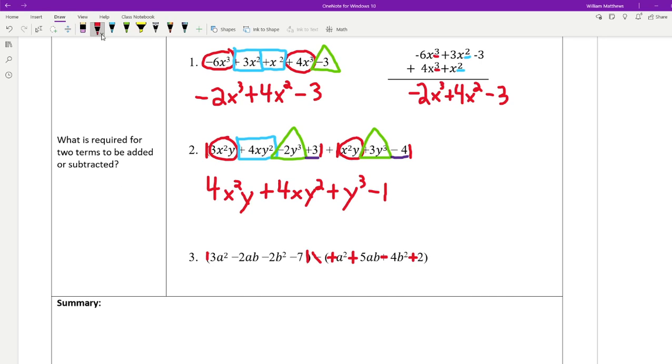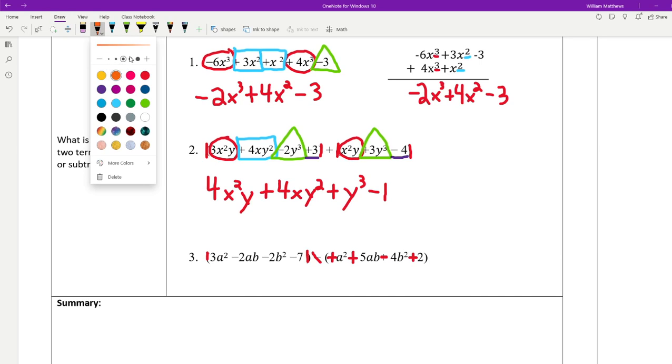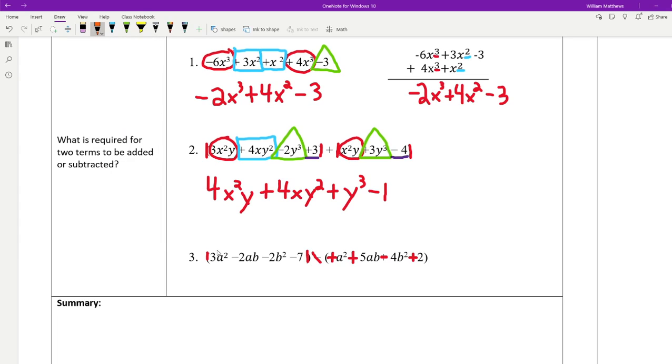Now when we combine, I'll use a different color so we don't mix this up. Make this a little bit smaller.